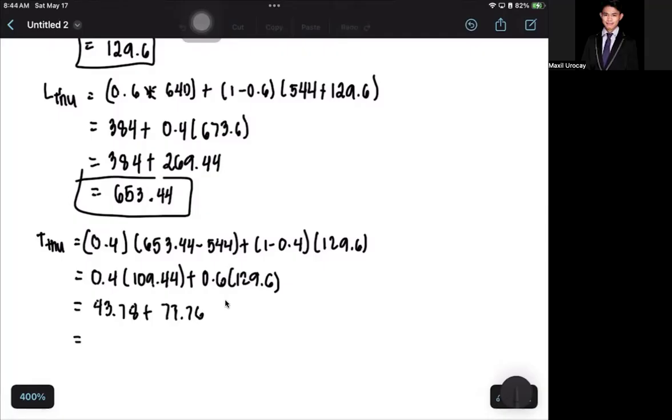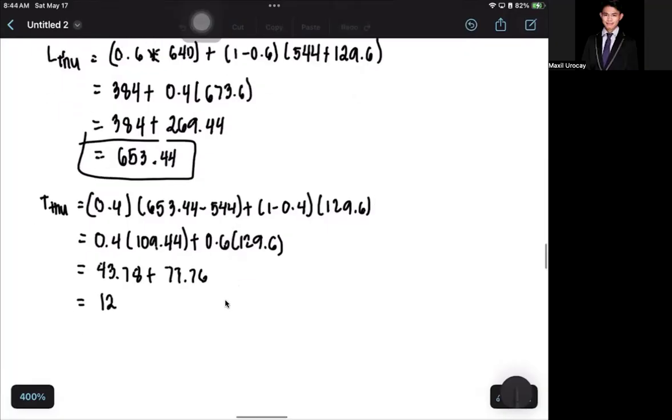And plus 43.78, it will become 121.54. And this will be the level at the trend of Thursday already.